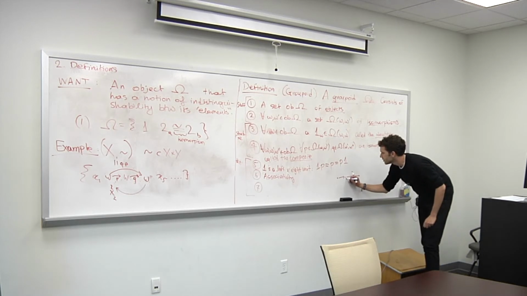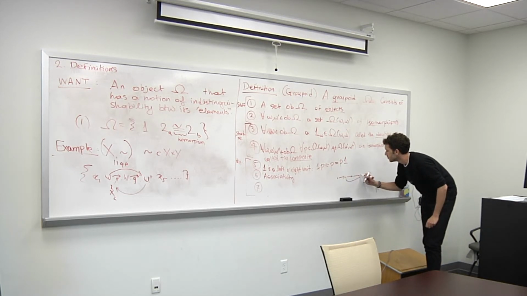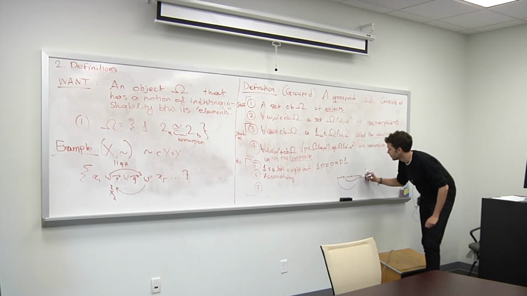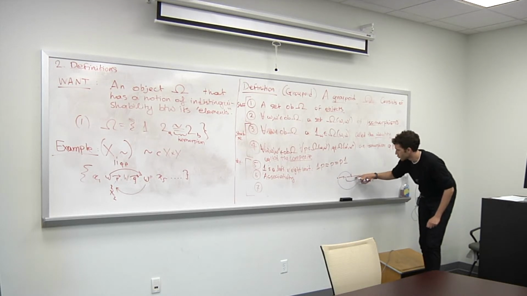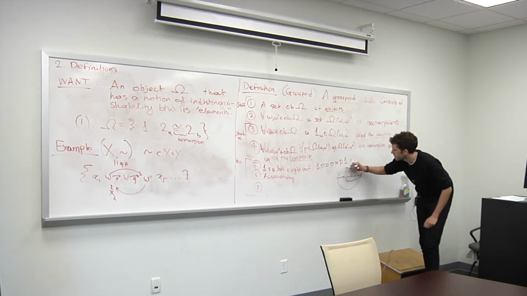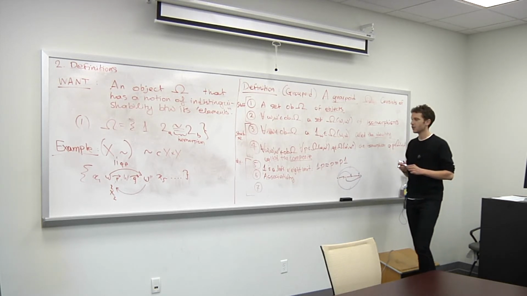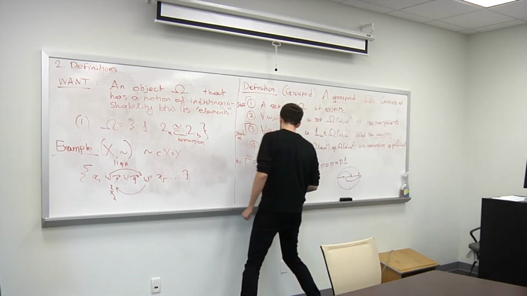First you join these and then compose with this to get this. Or first you join these and then compose with this to get this. And the associativity axiom says that these two things are the same. Okay? And inverses.